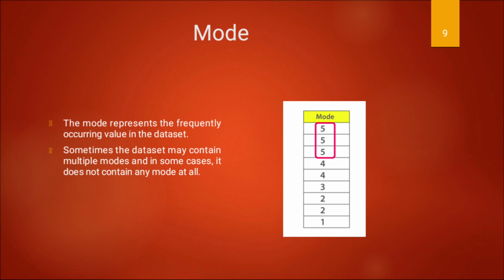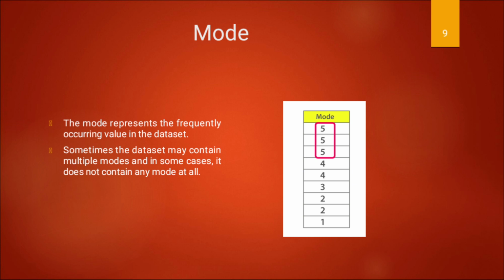The particular value which frequently occurs, which is frequently repeated, is called mode. The mode represents the frequently occurring value in the data set. Sometimes the data set may contain multiple modes, and in some cases it does not contain any mode at all.